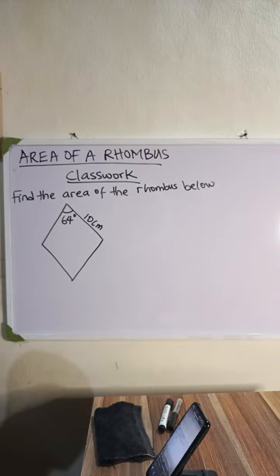Cos 32 is 0.85. Sine 32 is 0.53. Cos 32 is 0.85.